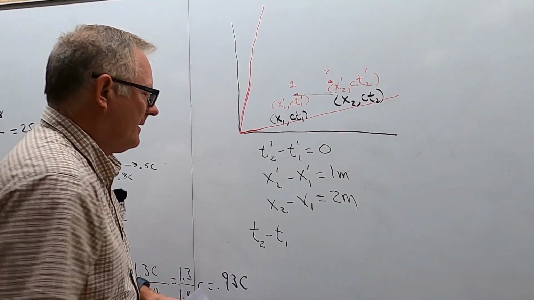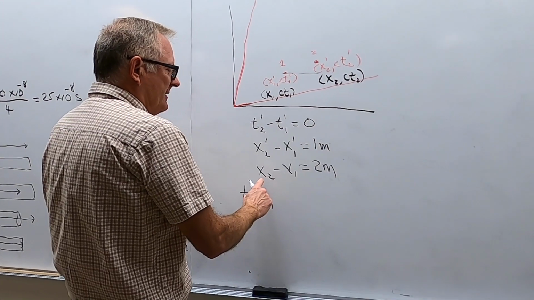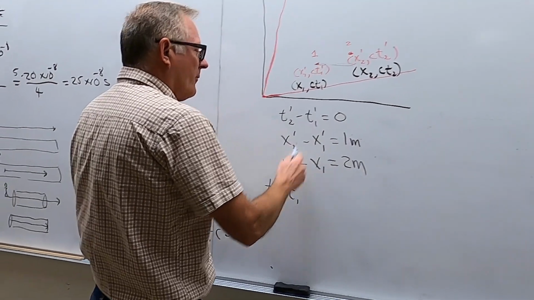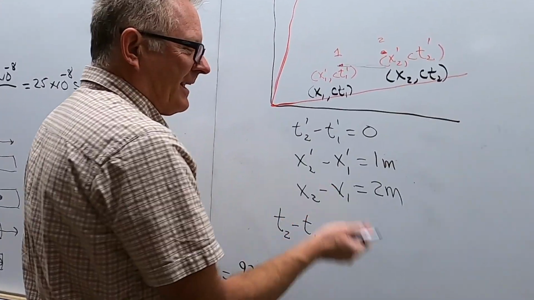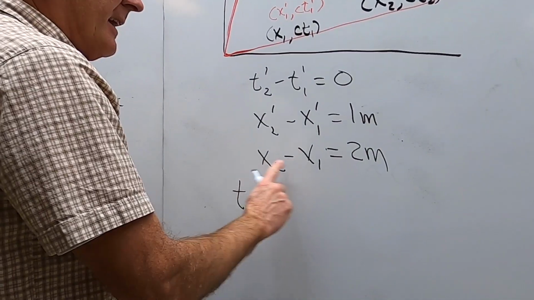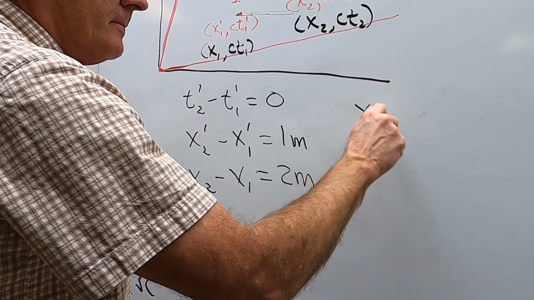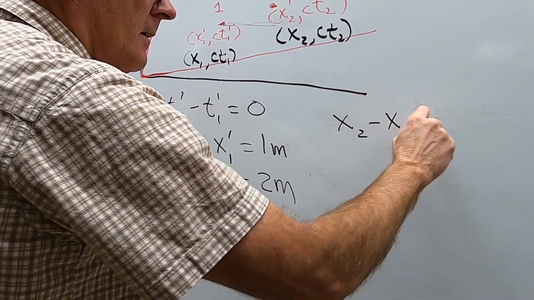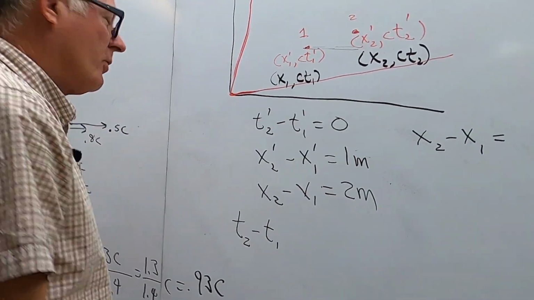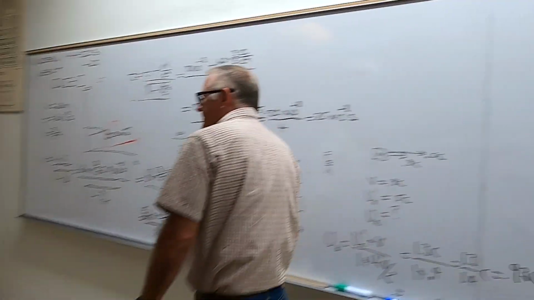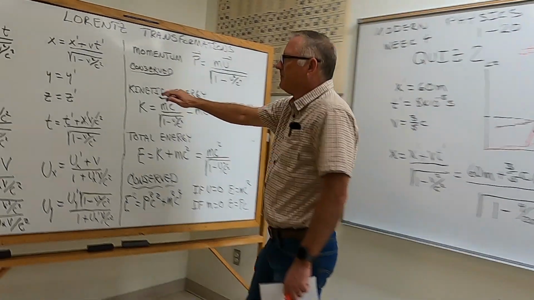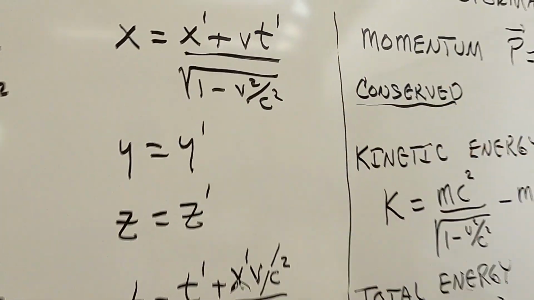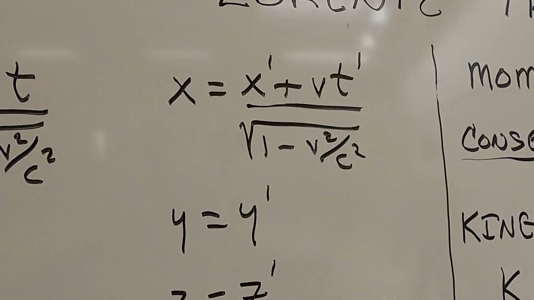Well, let me just come back here. We need to get the velocity right here. We could probably guess what it is, but I won't guess. x2 minus x1 is equal to, and now we'll plug in this equation right there for our x's.